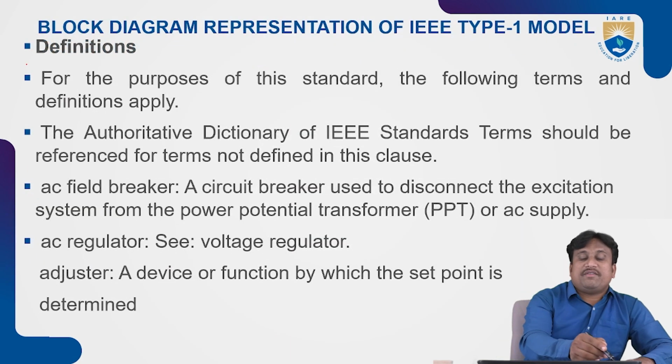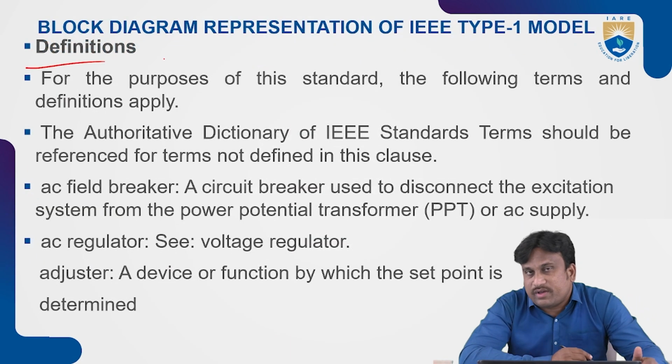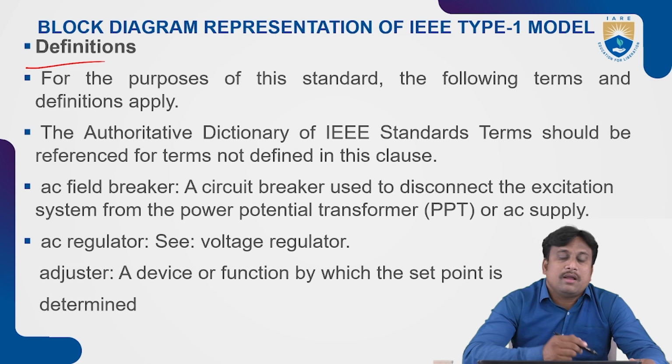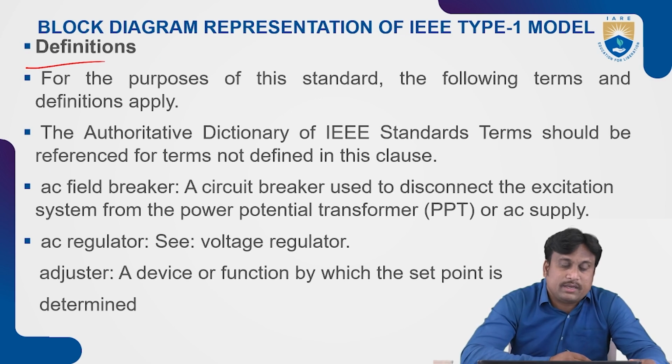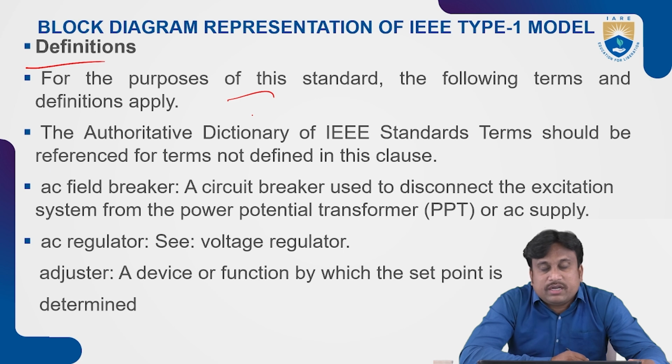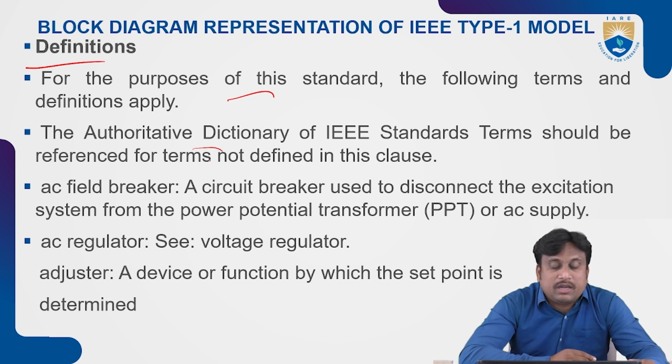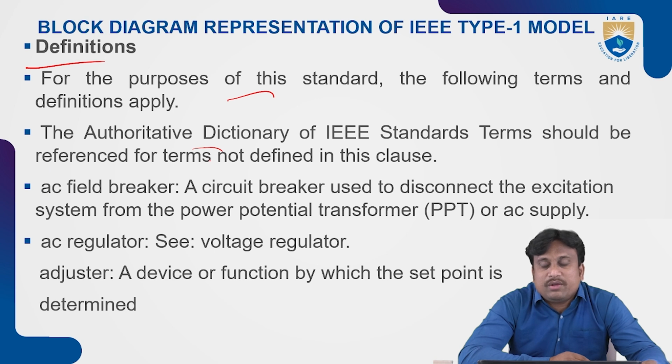Here are some definitions for better explaining the IEEE type 1 exciter case. For the purpose of this standard, the following terms are considered. This is the authoritative dictionary of IEEE terms as defined here.